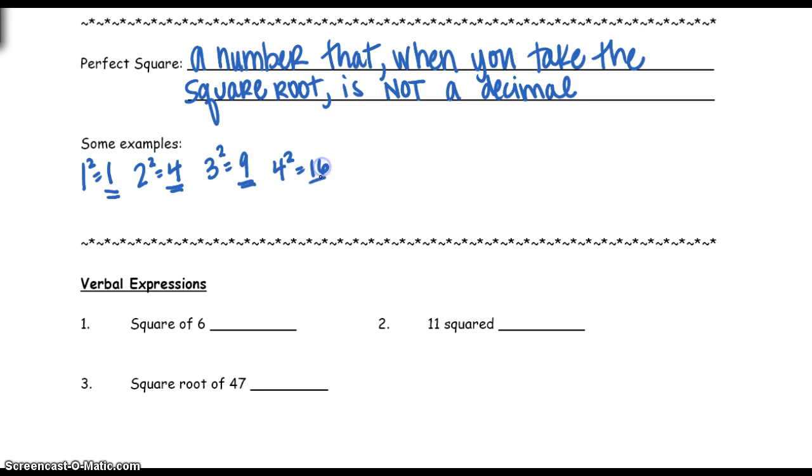4 squared is 16. 16 is a perfect square. 5 squared is 25, so 25 is a perfect square.